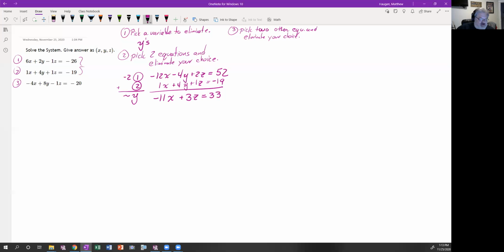So it does have to be two other equations or a different pairing. Of course, one of the equations has to be in both pairings because we only have three. But it doesn't matter what one or what combination. So we could do 1 and 3, we could do 2 and 3, both would be fine. Fair? So which two do you want to use? You want to use 1 and 3 or 3 and 2?